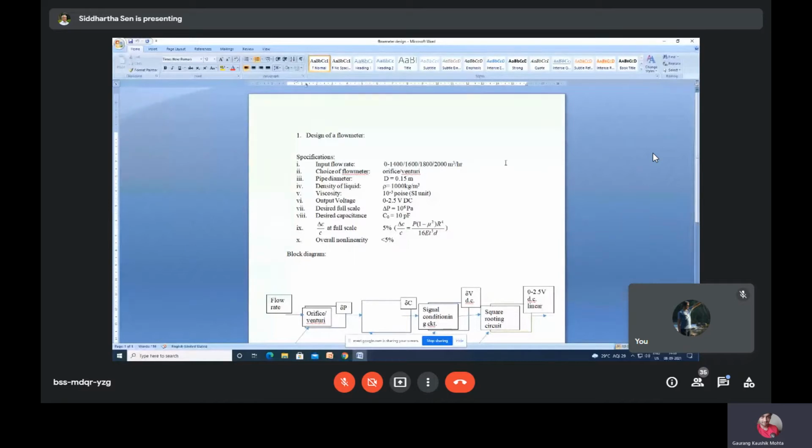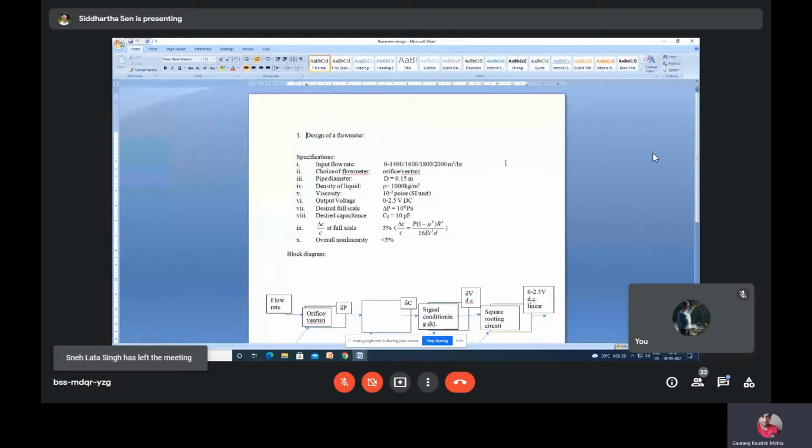Both of them provide an obstruction to the flow path, and obviously we assume that the Reynolds number is more than 4,000 or 10,000, so that it is a turbulent flow.